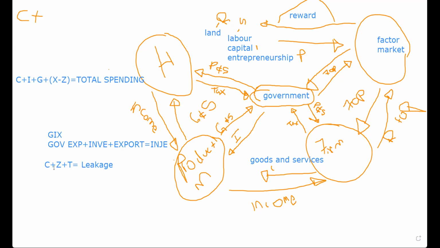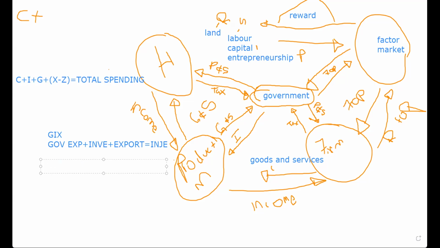Then a leakage, consumption expenditure here by household. Wait, it's not, it's savings. These are savings. It's not consumption expenditure by household.